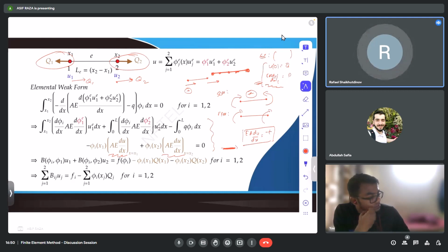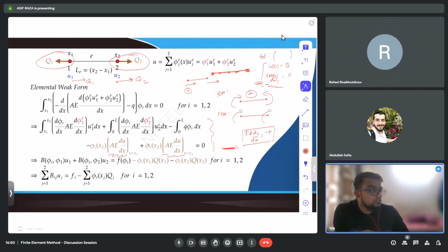In the finite element method, it should show me the internal force at a point, or is this term an external force? No, no, it's actually an internal force.